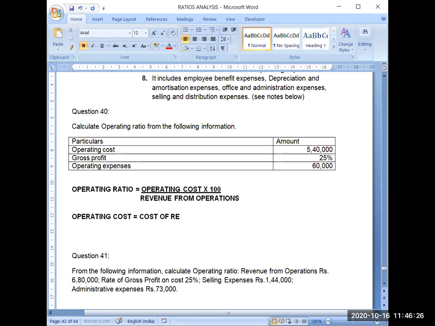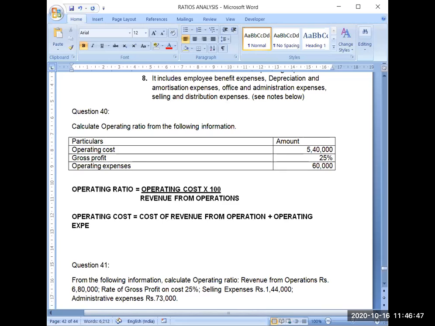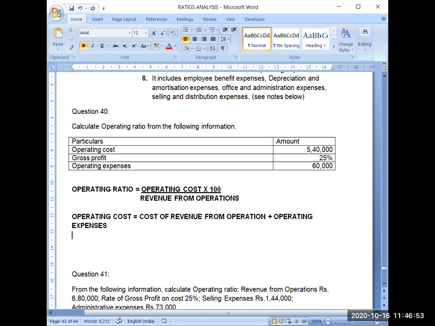Cost of revenue from operation is only cost of goods sold. Plus operating expenses. This is the formula of operating cost.